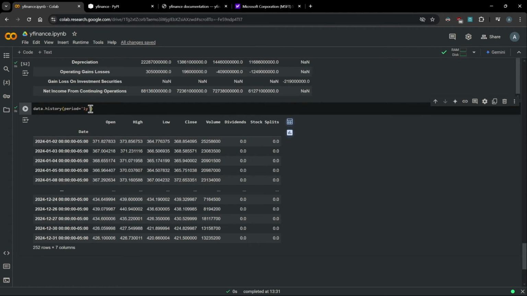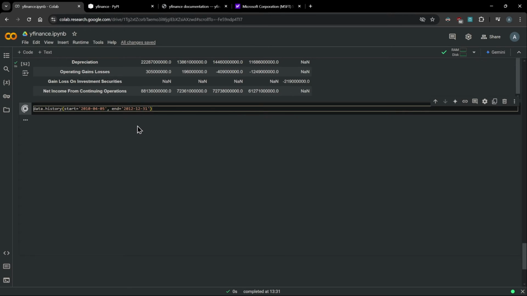Now, if you want to mention a specific range, you can just say start is a particular value, and you can also give an ending value. Let's say start is 2010-04-05, and you want it till December of 2012, 31.